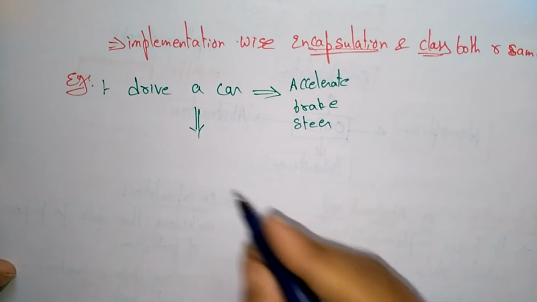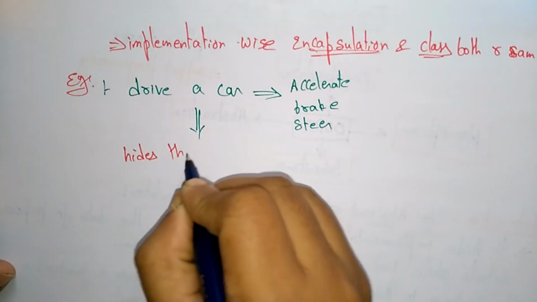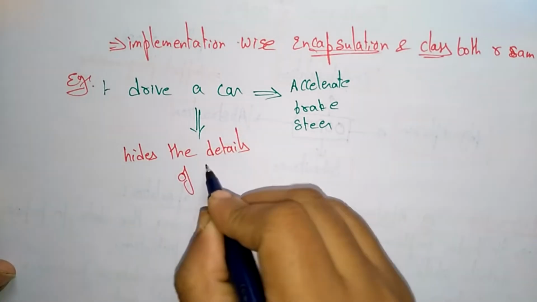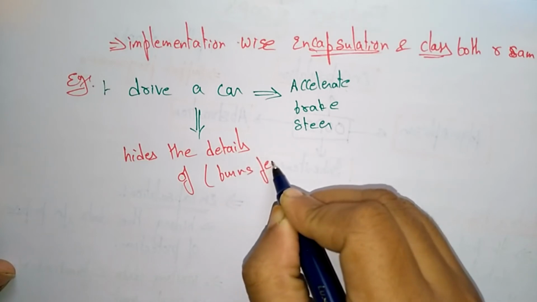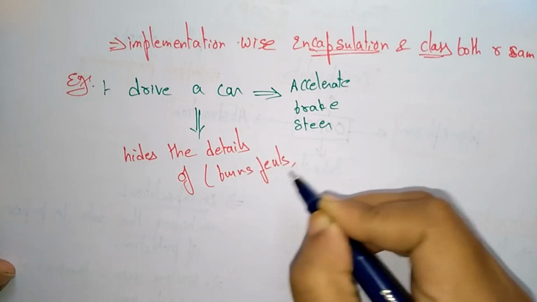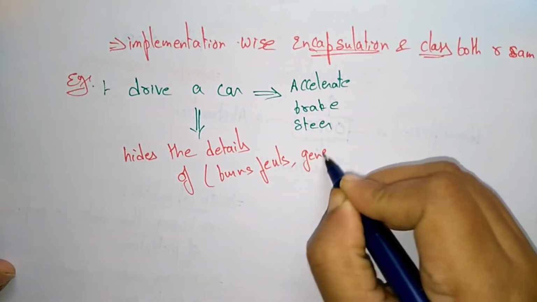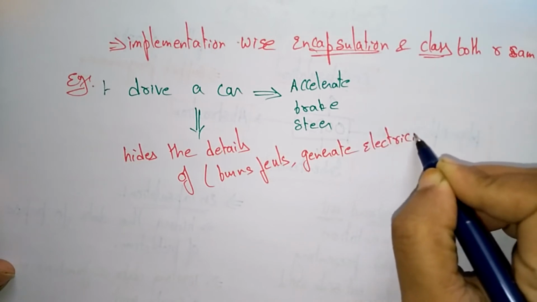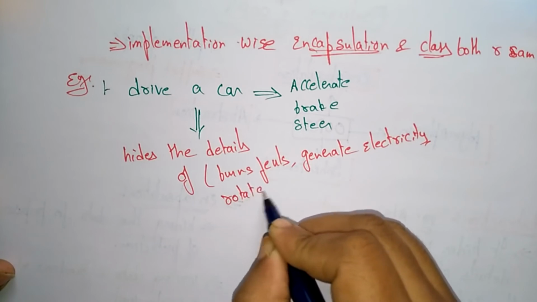What details is it hiding? The car hides the details of how fuel is burned, how it generates electricity, and how it rotates the tires.